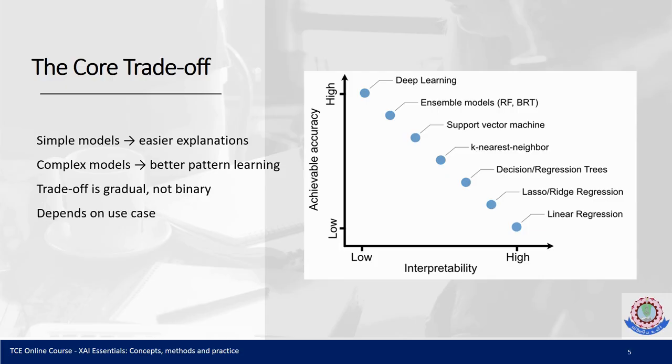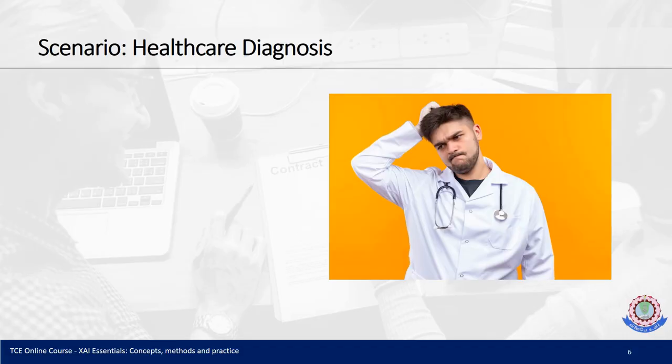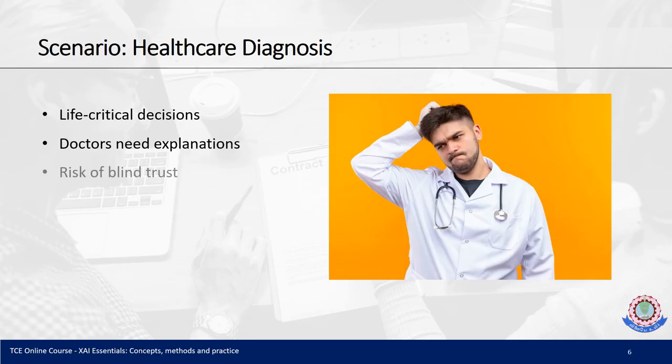Let's consider a scenario in healthcare. Imagine a model predicting whether a patient is at risk of heart disease. A highly accurate black box model flags a patient as high risk. Now the doctor must decide, should I trust this prediction? Why is this patient at risk?